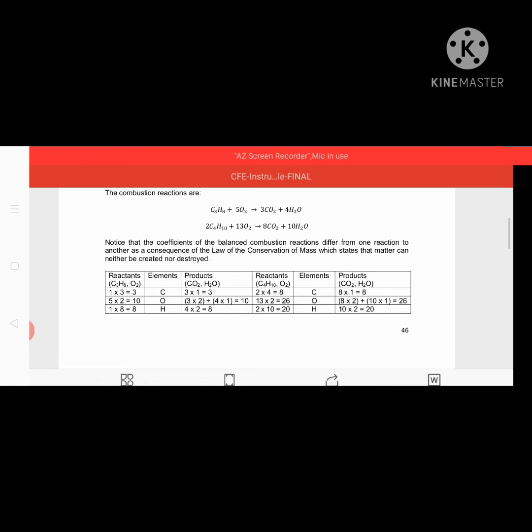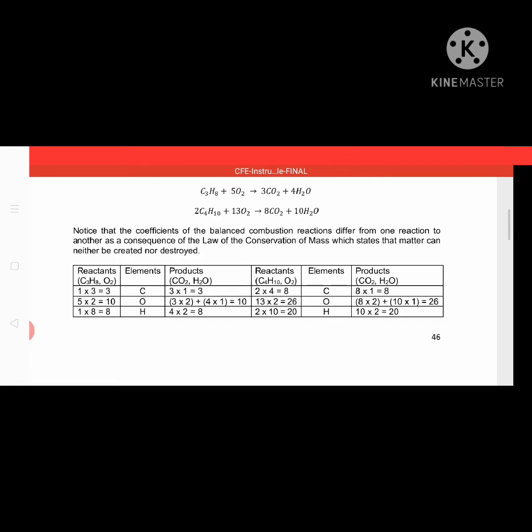The sum of this is 26, so it's balanced. Then for hydrogen you have 2 times 10, and on the other side you also have 10 times 2, equal to 20. So this reaction is balanced.